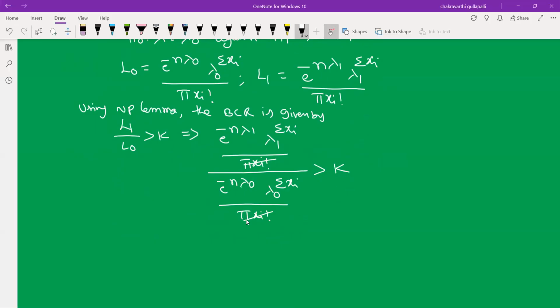The factorial terms cancel. This implies, in simplified form, e power minus n lambda 1 plus n lambda naught, and the base ratio lambda 1 by lambda naught whole power summation xi is greater than k.